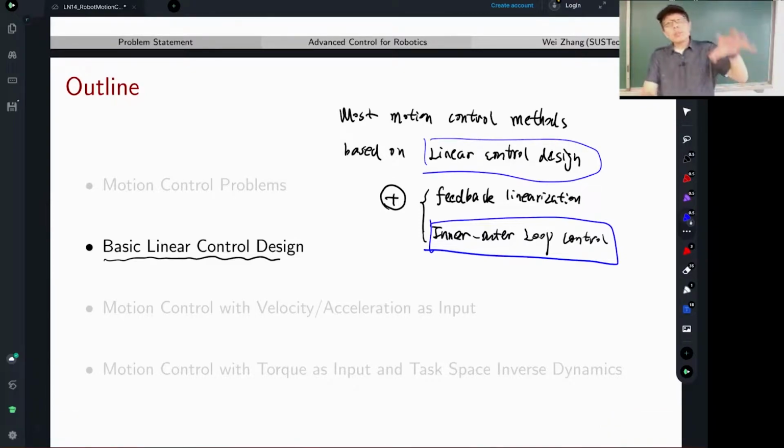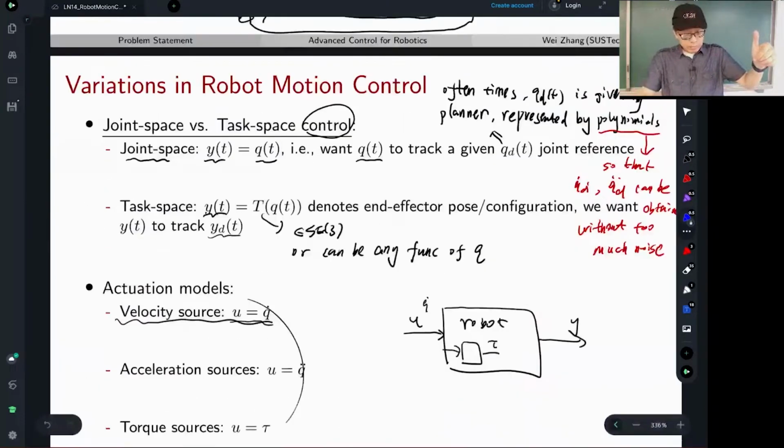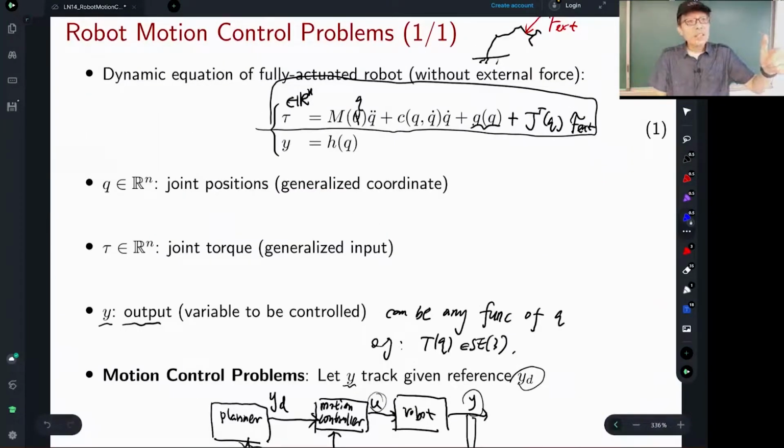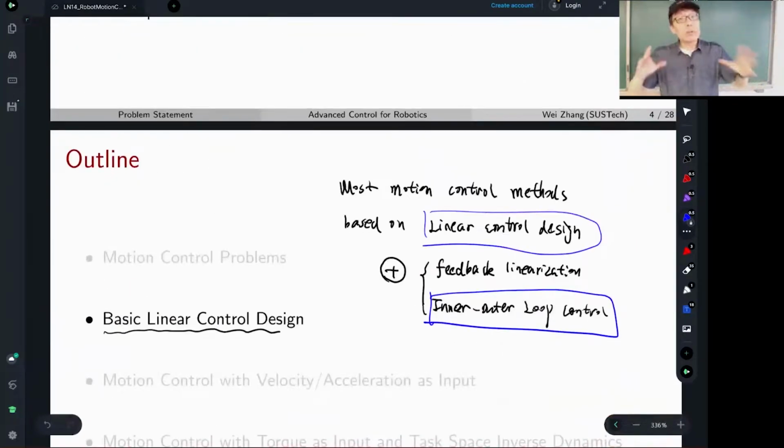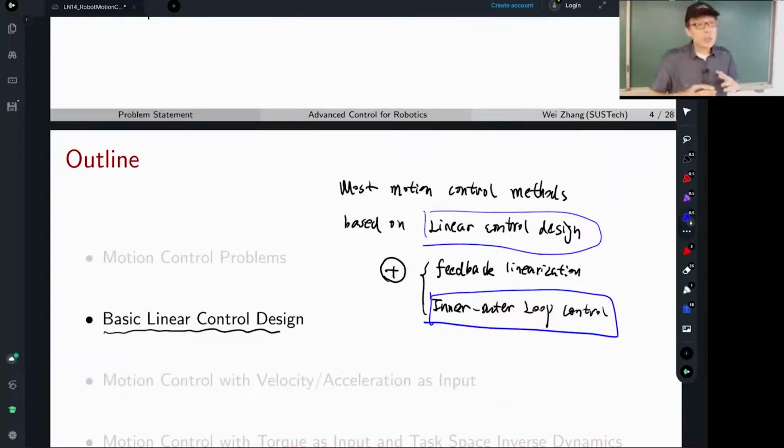The motion control problem, by definition for a robotic arm, is a nonlinear system. If you look at this thing, it's really a nonlinear system. It's not a linear system, but all the examples you see in the literature or in textbooks will just involve linear control design plus some inner and outer loop thing.